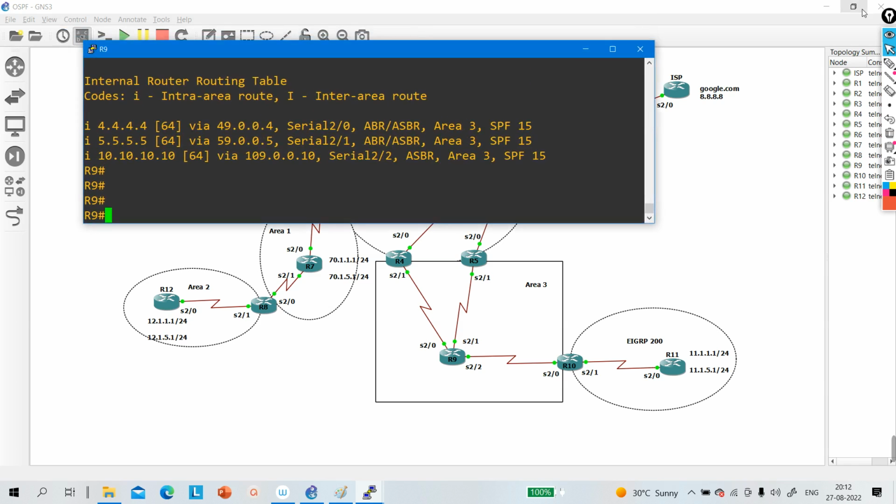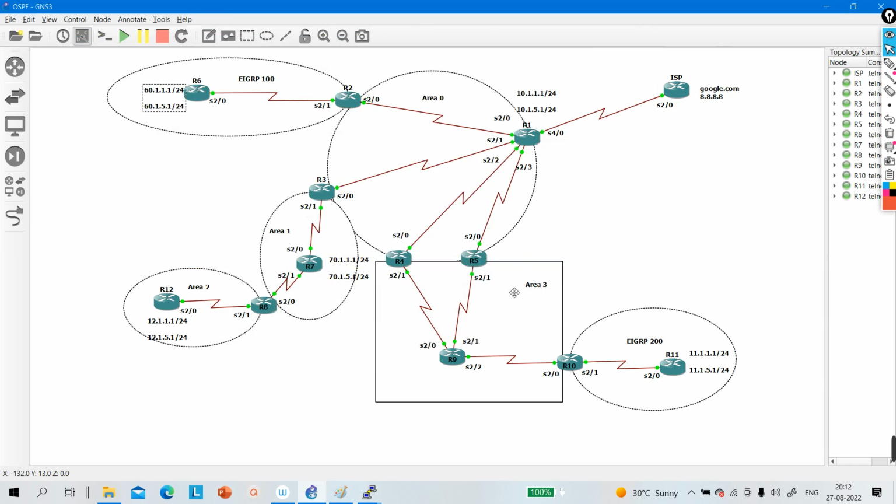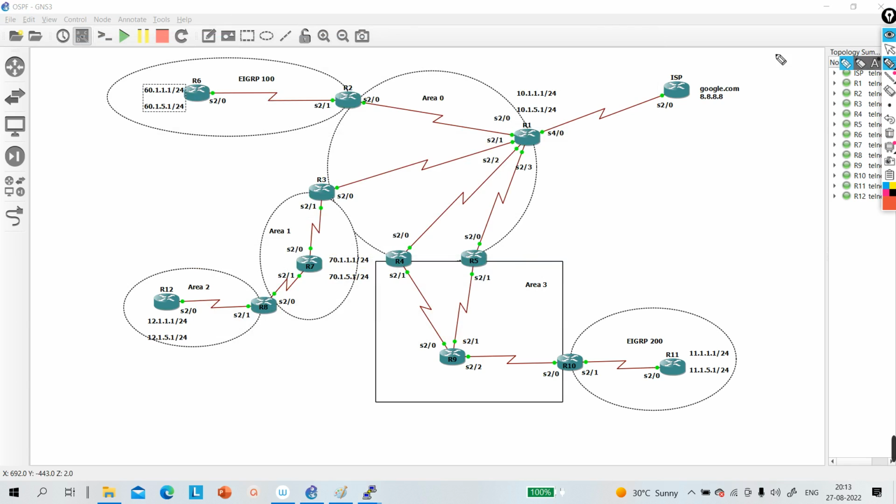So in an NSSA area, the ABR router will generate LSA 7 to share the external prefixes of an ASBR which is not connected in that NSSA area, like this ASBR. This ASBR router is not connected with the NSSA area.